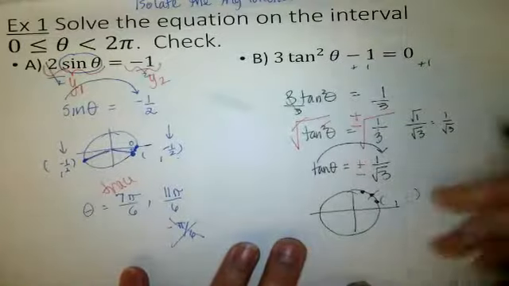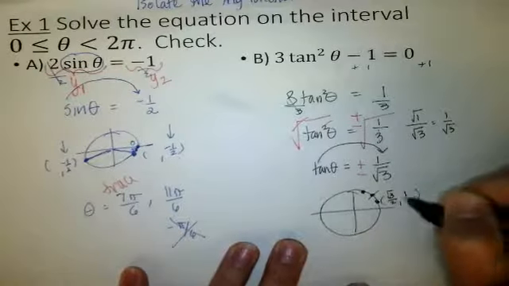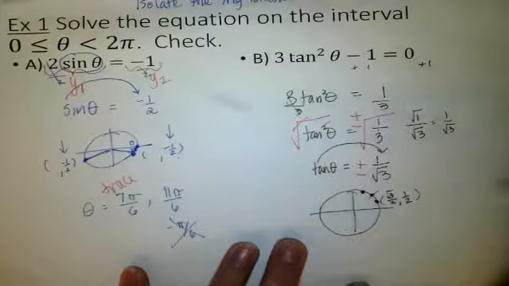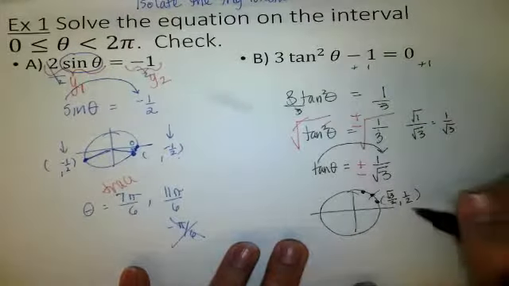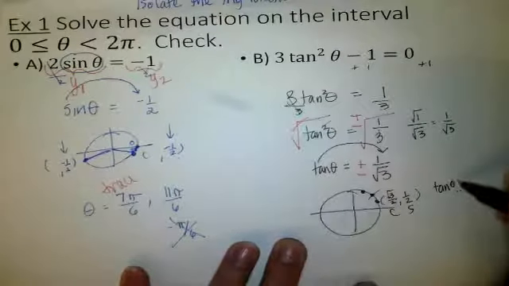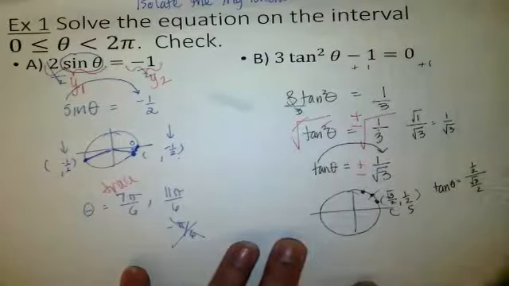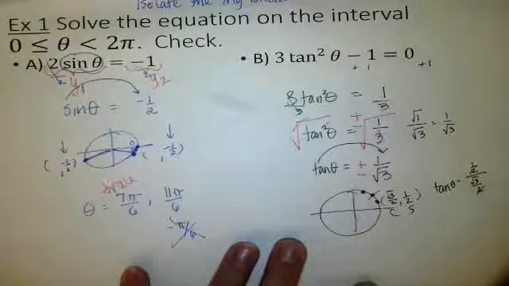What is the ordered pair at pi over 6? Radical 3 over 2 and 1/2. How do you figure tangent? Y over x, sine over cosine. The tangent of the angle would be 1/2 over radical 3 over 2. And the 2's reduce, leaving you with 1 over radical 3.